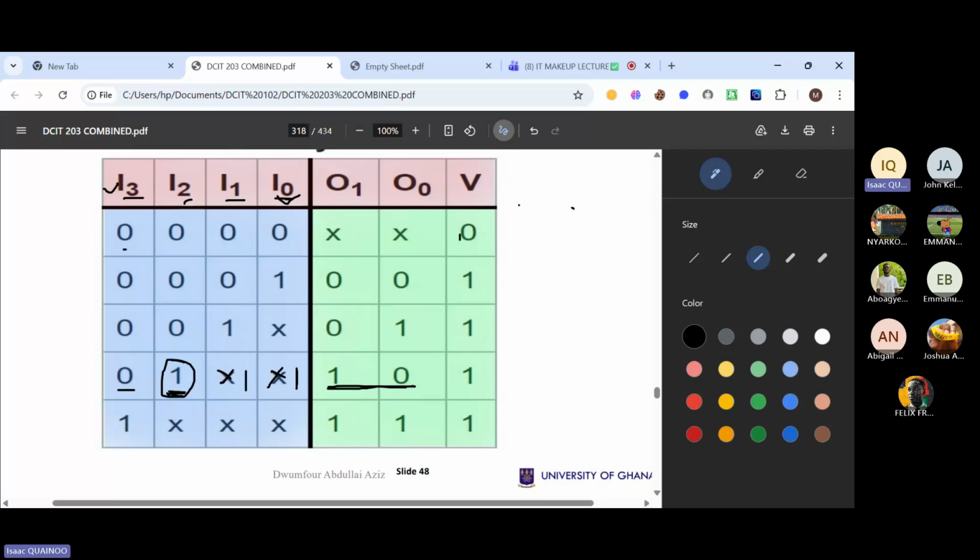No, I think it should be 10 instead, please. It should be 10 instead because 01 here is representing NEC. So 10.